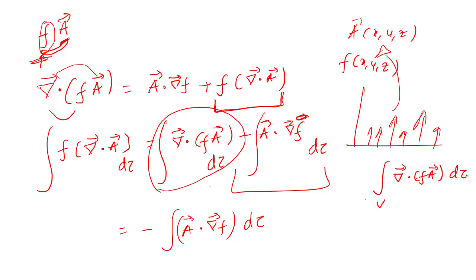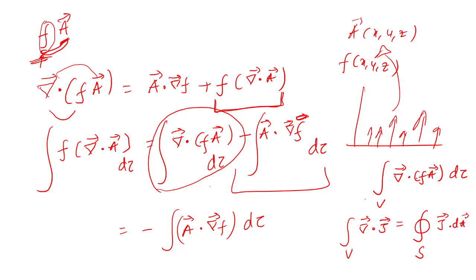And if you recall, in chapter 1 we looked at the divergence theorem, or Gauss's theorem, not Gauss's law, Gauss's theorem, where we saw that the volume integral of the divergence is simply equal to the surface integral of J dot dA.